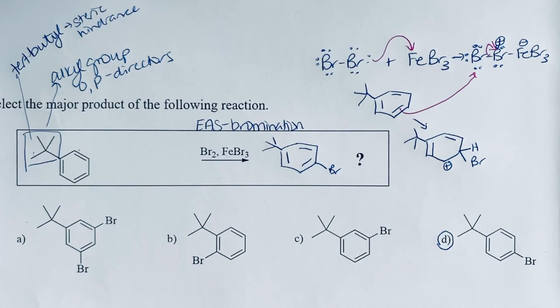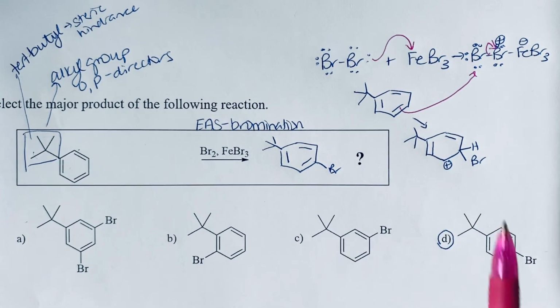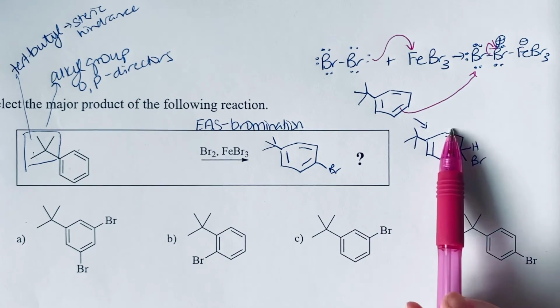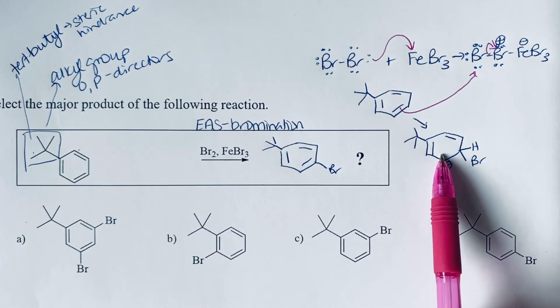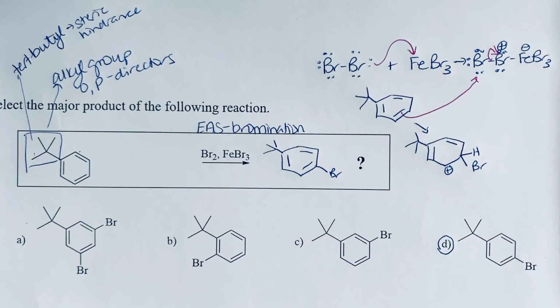And we saw in a previous video that this alkyl group directs to the ortho and para positions because when you have the electrophile add to either para or ortho, you can draw a resonance structure, you just move this bond down, that would put a positive charge exactly where it could be stabilized by that alkyl group. So that's why this is an ortho-para director.